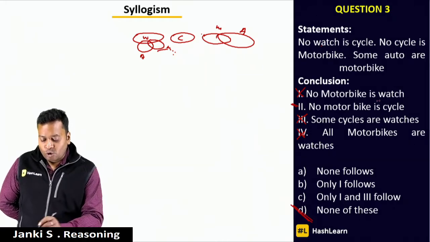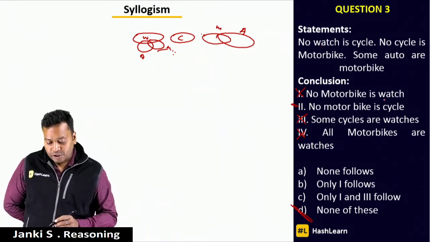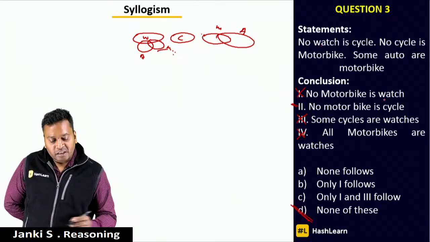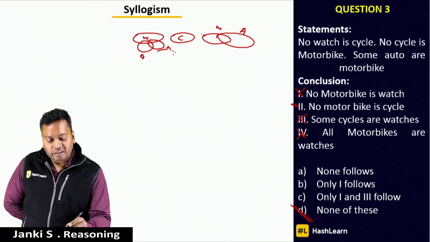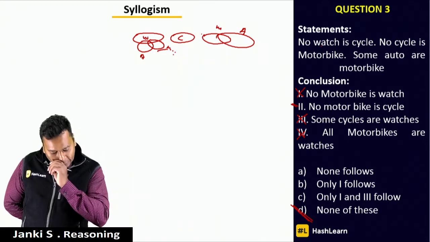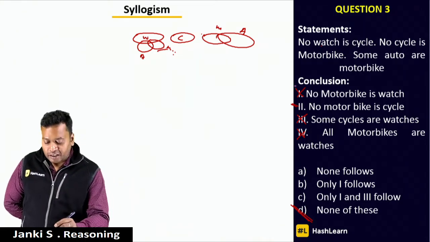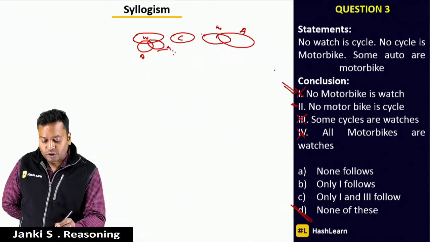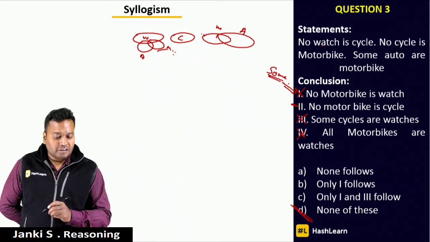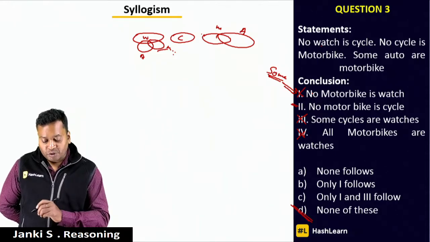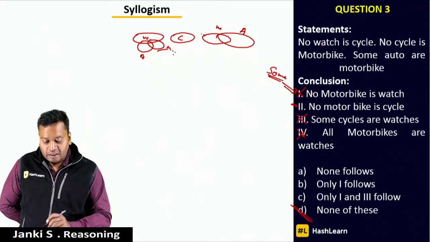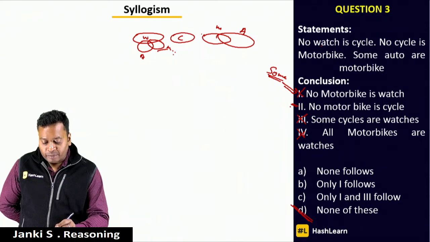So first one is no motorbike is watch. So no motorbike is watch. If there is confusion because I can have the figure at this part, right? So if you have a confusion, I'll take the negation of this. Negation of this is what? Some, right? So if I have a figure as some motorbike is watch, that means this assumption is wrong, right? Then no motorbike is a cycle. Let's take.